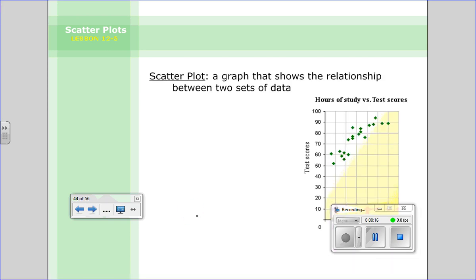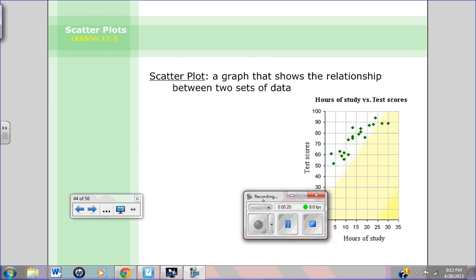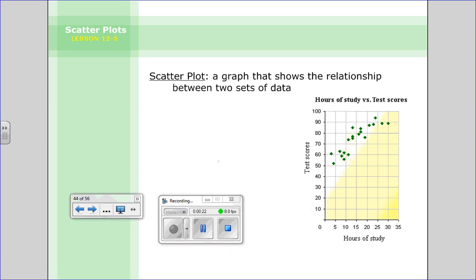When we talk about scatter plots, this is another type of graph that shows the relationship between two sets of data. So there's two things happening, or two variables. For example, I have this one here that looks at the hours of study versus test scores. If you study only 5 hours, it looks like you scored between 50 and 60%.